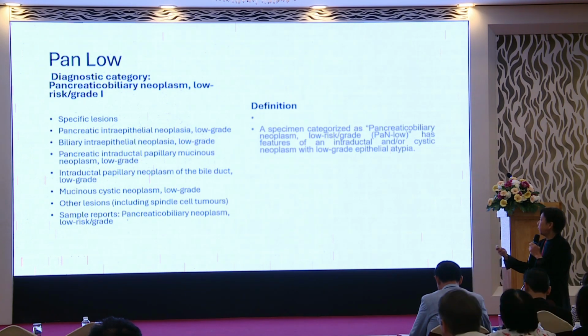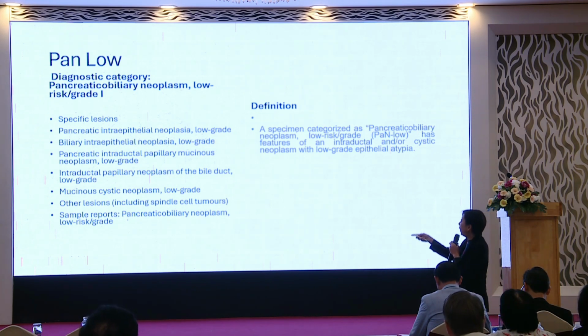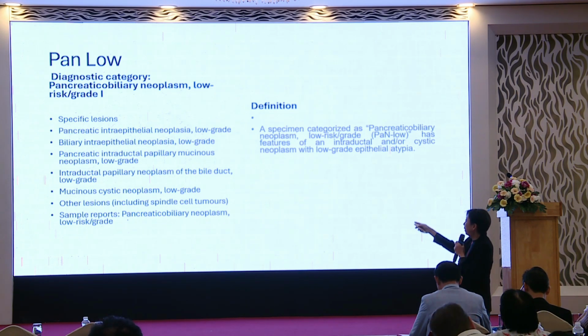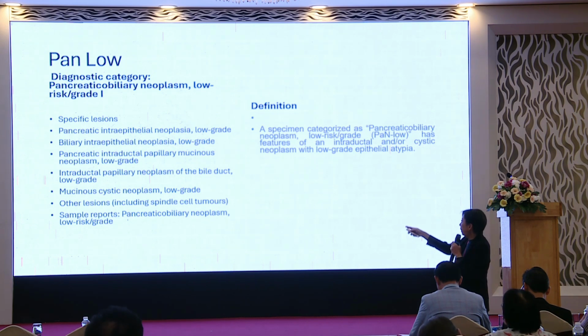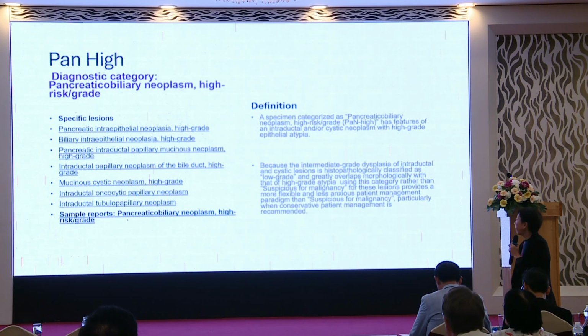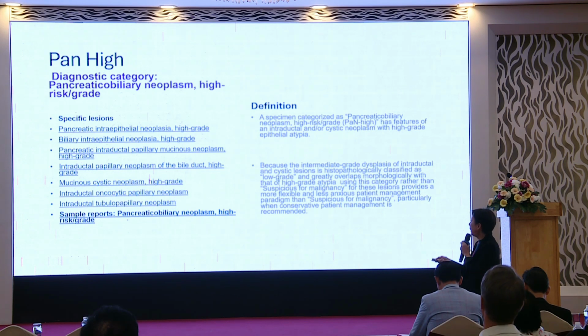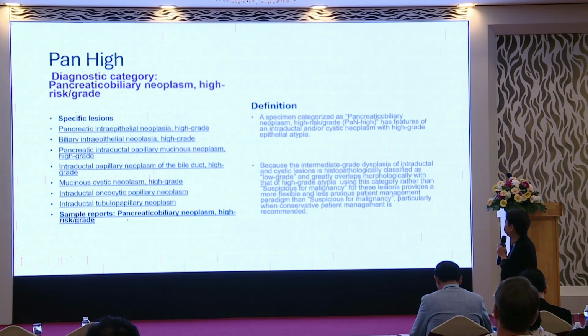So for PanIN, just for illustration, I know we're running short of time. Low grade specific lesions would be, for instance, pancreatic intraepithelial neoplasia, biliary intraepithelial neoplasia, and mucinous cystic neoplasm, low grade. And in the high grade, it is again the higher grade of these, including mucinous cystic neoplasm, high grade, and tubular papillary neoplasm.